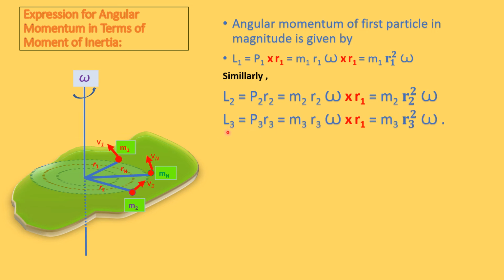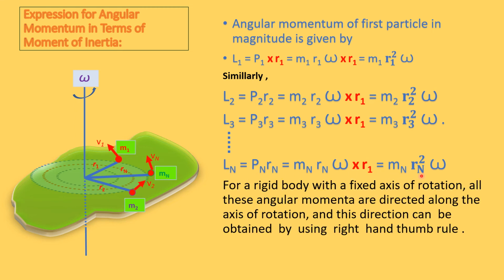L3, the angular momentum of the third particle, is equal to P3 R3, given by m3 R3 square omega. Similarly, for the nth particle, Ln is equal to Pn Rn, that is equal to mn Rn square omega.